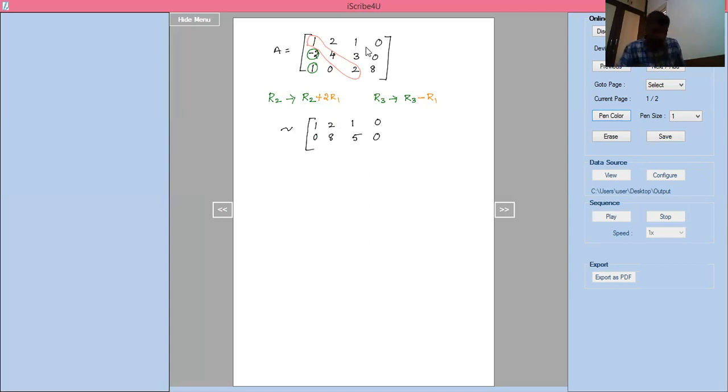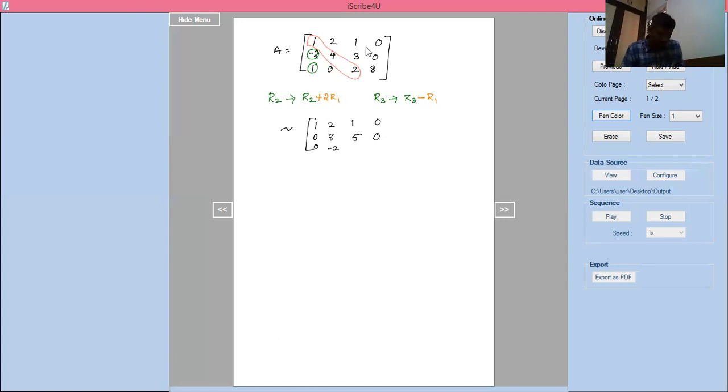Then 0 plus 2 into 0 is 0. Next, R3 is R3 minus R1. 1 minus 1 is 0. 0 minus 2 is -2. Next one should be R3.